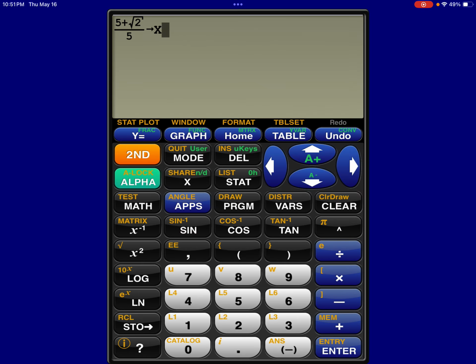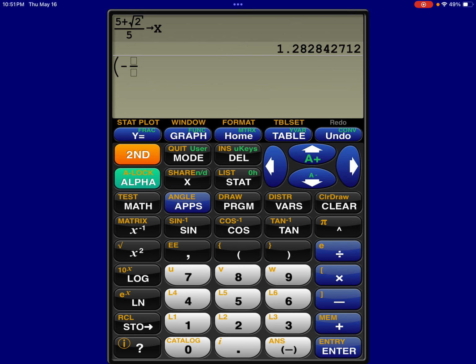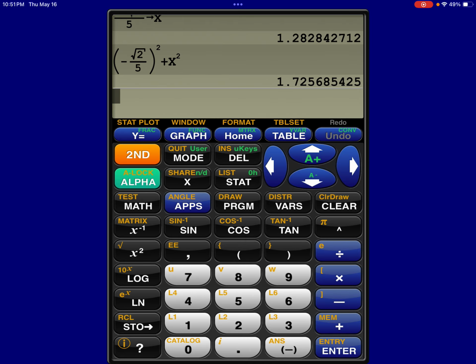I'm going to store this in for x. All right, and let's try it out. So my sine squared, which they gave me, was negative radical 2 over 5 squared plus x squared. So we're checking that first option. The left side has to equal the right side, which is 1. Nope, doesn't work. So let's store in the next option.